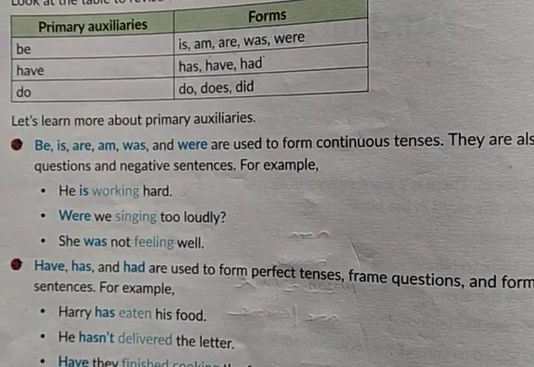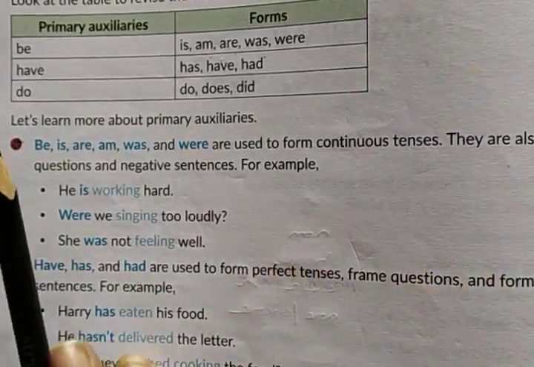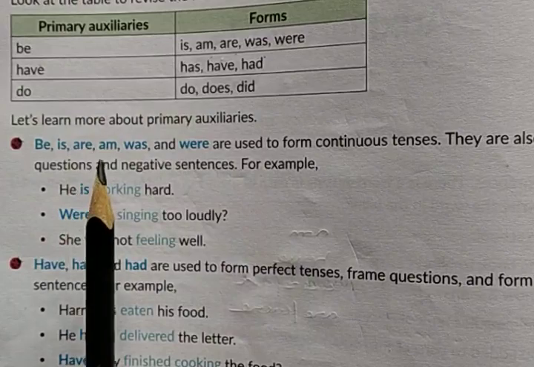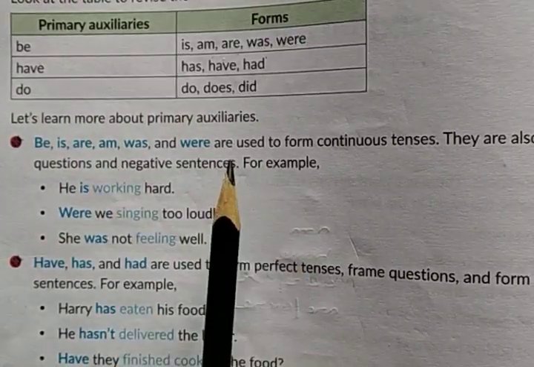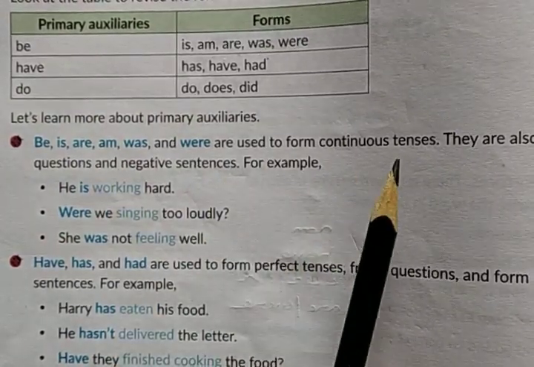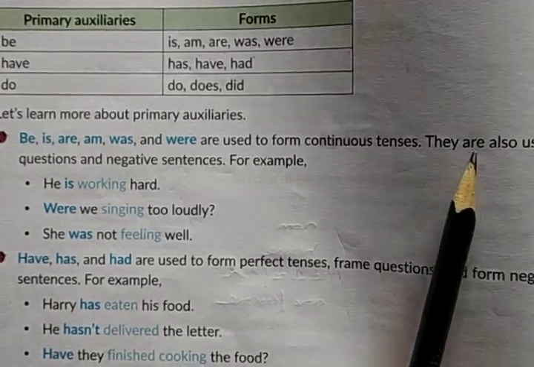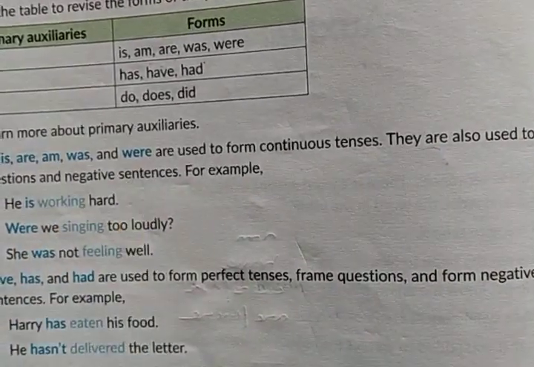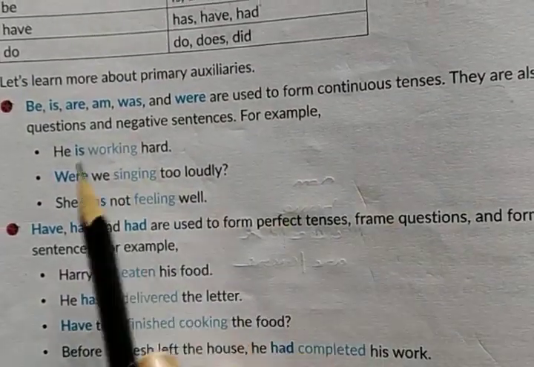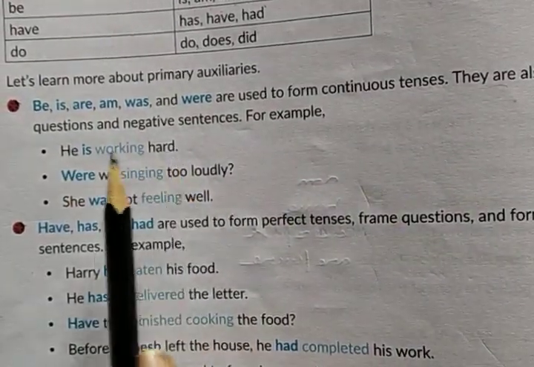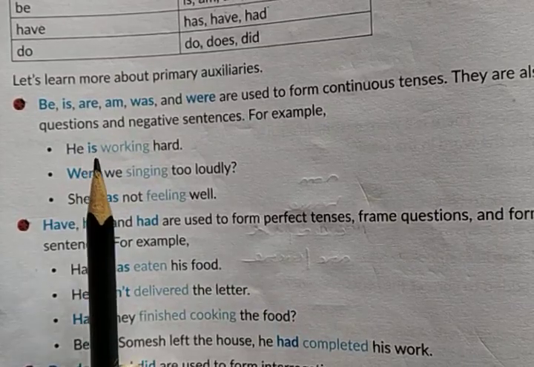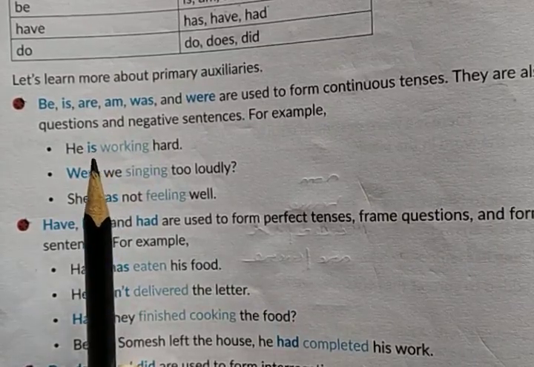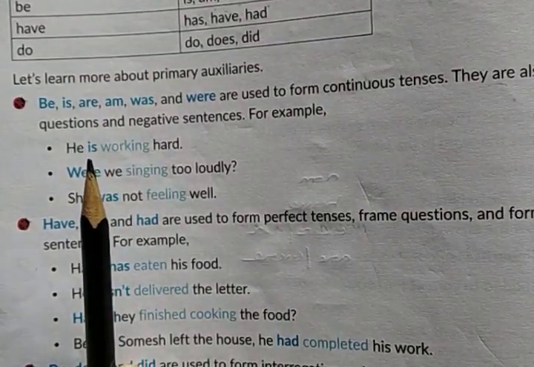What are the functions of primary auxiliaries? Be, is, are, am, was and were are used to form continuous tenses. They are also used to form questions and negative sentences. For example, "He is working hard." Here "is" is a primary auxiliary and it is used to form the continuous tense, which is present continuous.